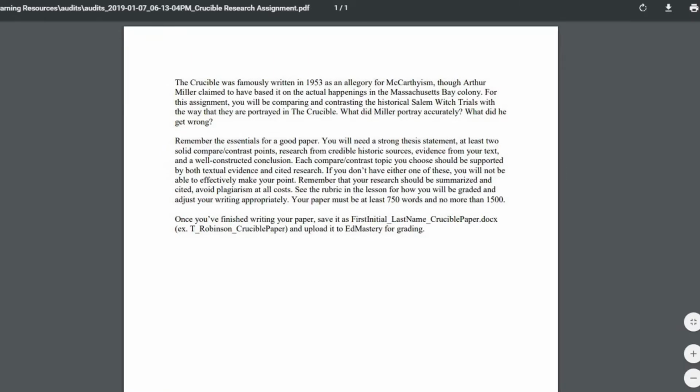When you do your research on this, first thing you need to do is look up the definition for allegory. Okay, then when you start researching this, you're going to put in what was the difference between the Crucible and the actual Salem witch trials. That's something that you can put in Google to research it with. There are several other ways that you could put that.